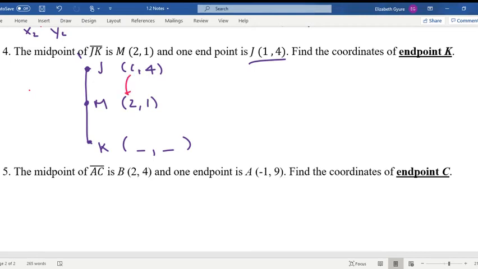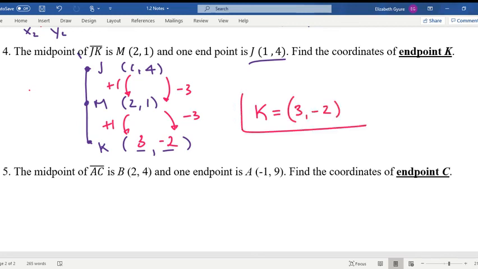To get from 2 to 1, you have to go up 1 unit, which means to make 2 be in the middle, you have to go up 1 unit again, which would make that 3. Then for your Y's, from 4 to 1, you had to go down 3 units. So to make 1 in the middle, you have to go down 3 units again. And 1 minus 3 is -2. So that means K, your other endpoint, is the coordinate 3, -2.